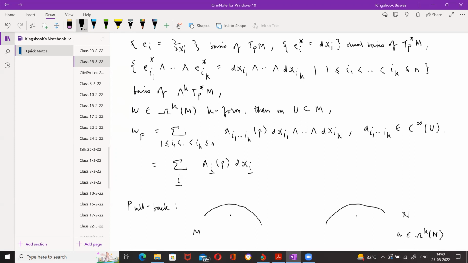At each point P in M, I have to define an alternating K multilinear function.